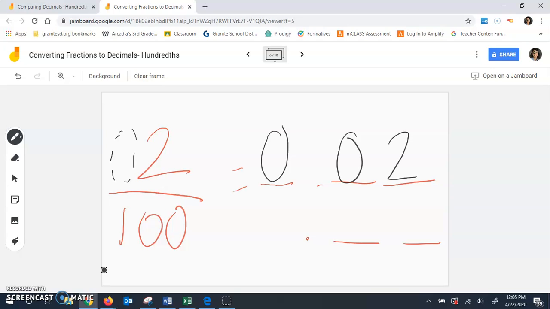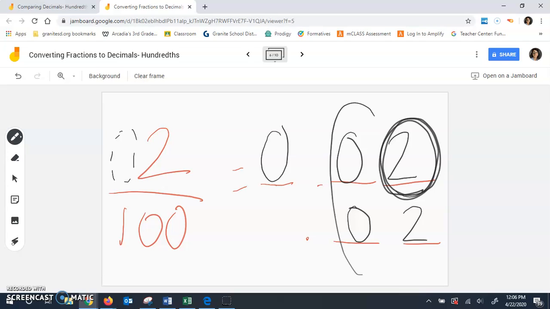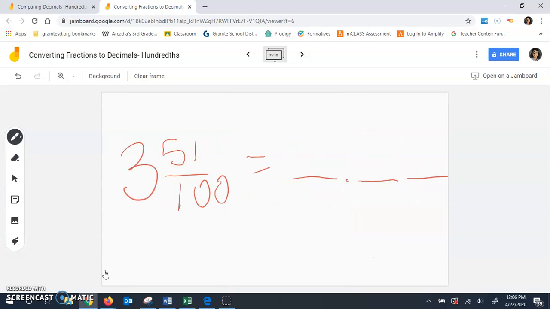We have to make sure our 2 is in the hundredths place value. So put it either way with your first 0 or not. But this 0 right here is the most important because it's holding the place value of our tenths spot. And we're saying we only have 2 hundredths, or 2 pennies kind of thing.